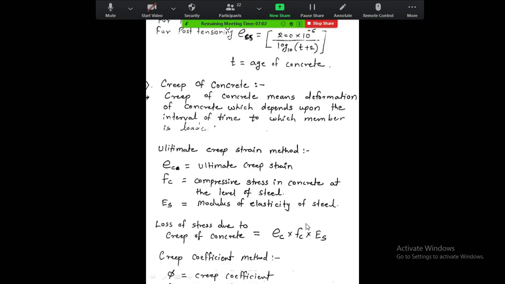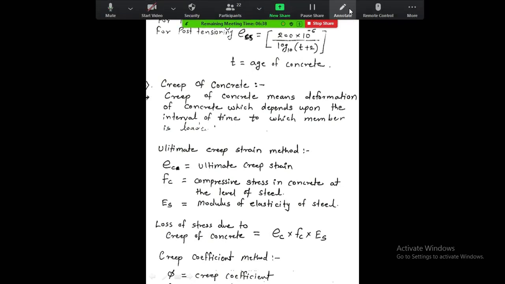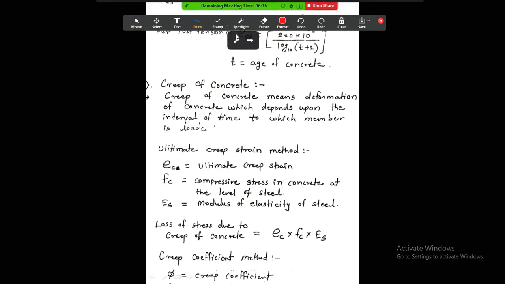The ECS value is calculated as follows: for pre-tensioning it is 300 into 10 raised to minus 6, and for post-tensioning it is 200 into 10 raised to minus 6 divided by log to the base 10 of (t plus 2), where t is the age of the concrete. This formula should be used.